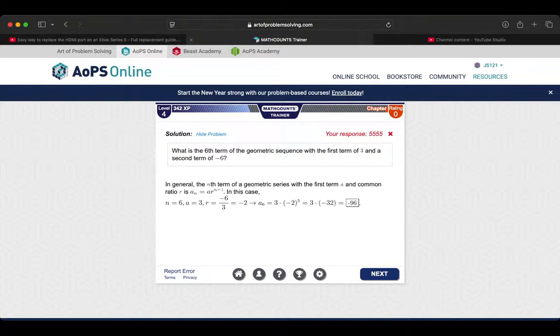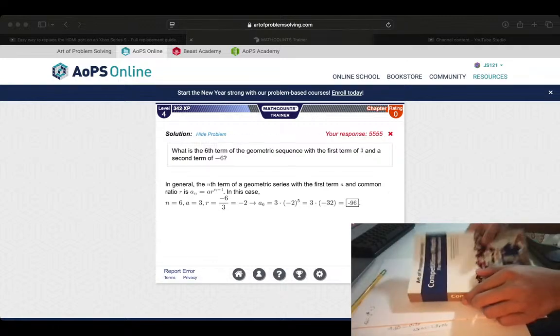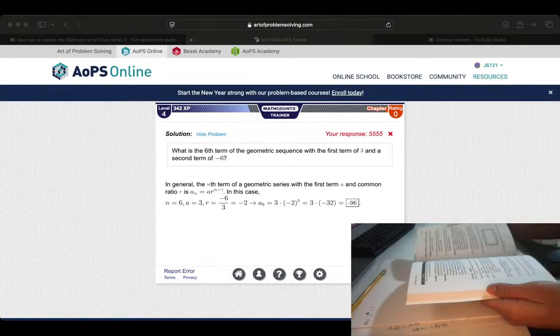Oh, I forgot it was supposed to be absolute multiply. All right, so the first term is a equals 3. All right. You know what? Time to bring out the big book. The big book.